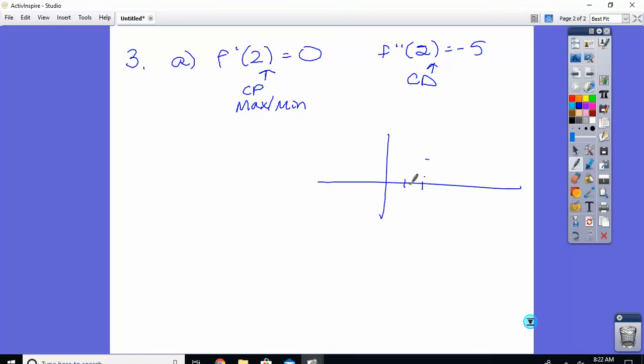So if the graph is curving downward, which one would it be? Would have to be a max, wouldn't it? Because if you're curving downward, it has to be that high point. If it were a minimum, it would have looked like this, and that would be curving upward. So that means that 2 is a local max.